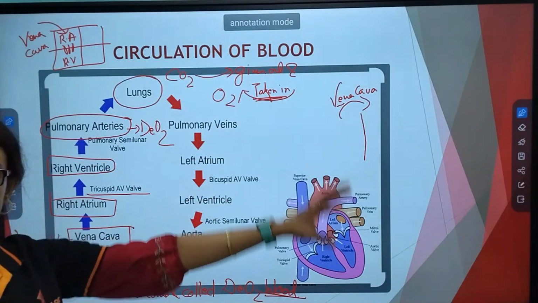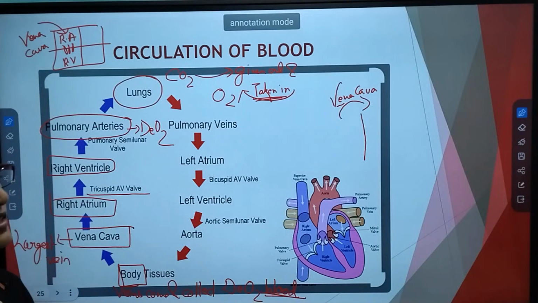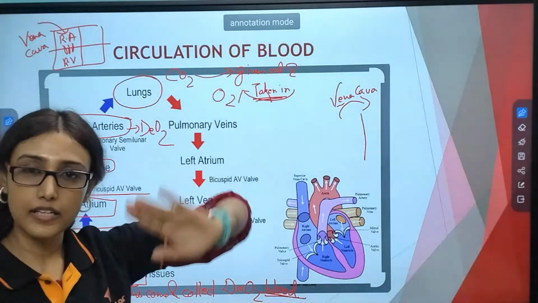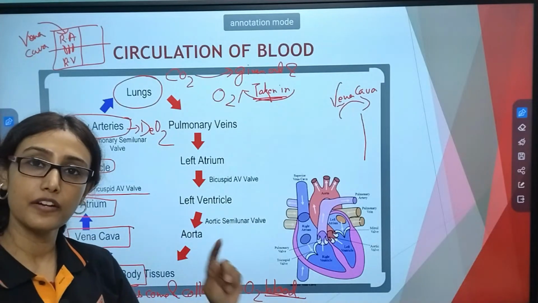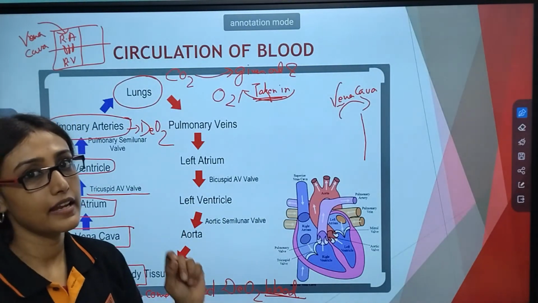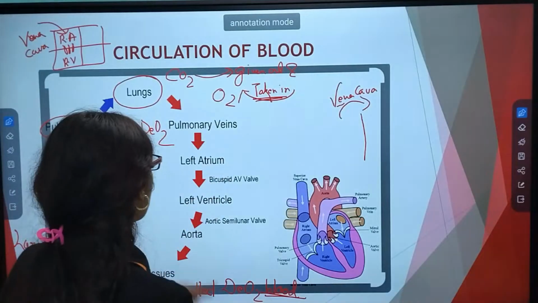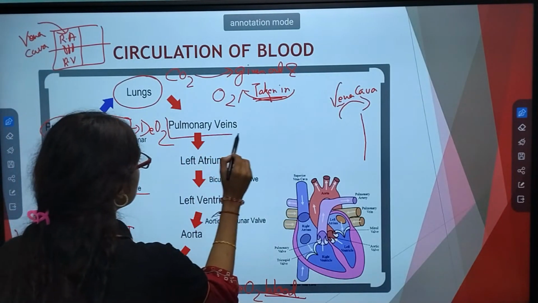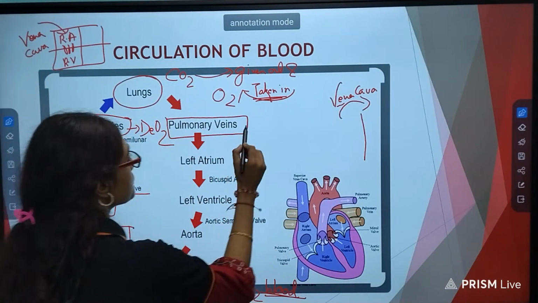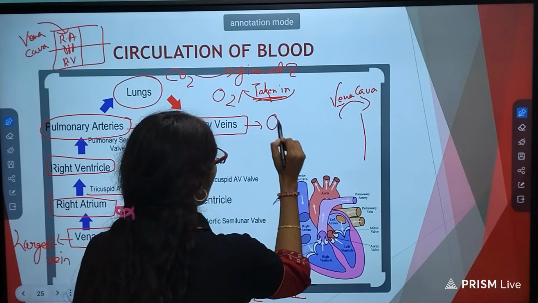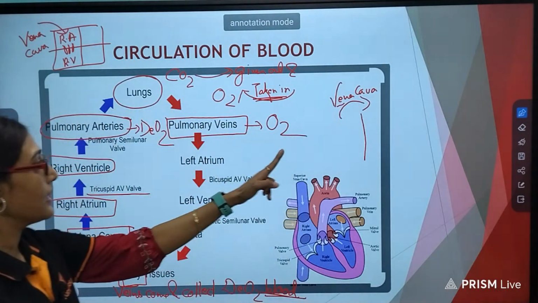So the blood is now rich in O2 after the carbon dioxide is released. So now the blood will carry oxygen. Again comes the exceptional vein, whose function is to carry oxygenated blood.